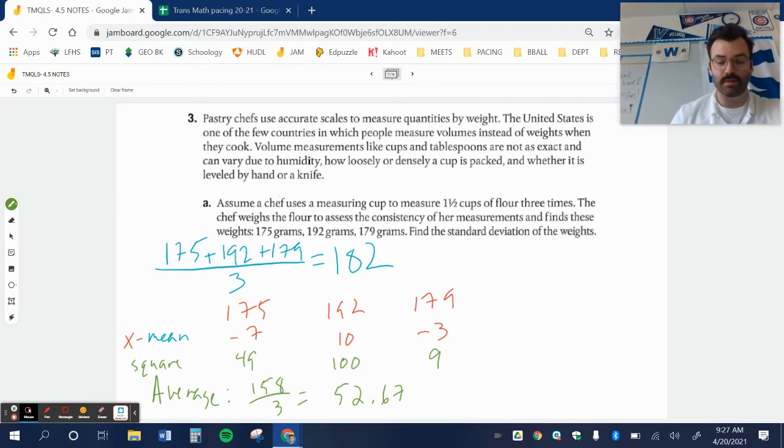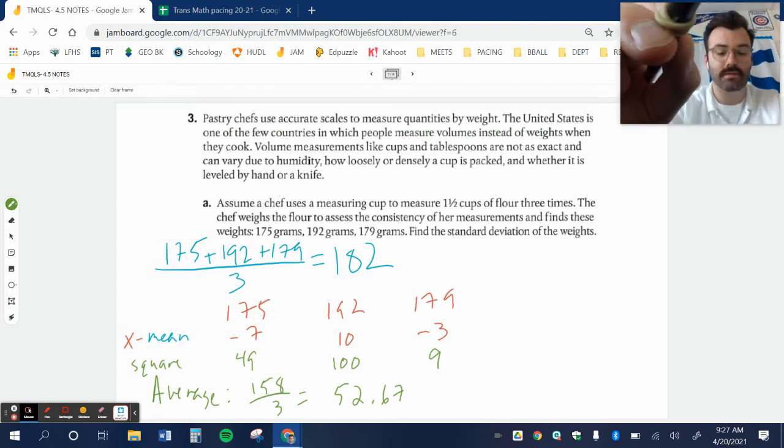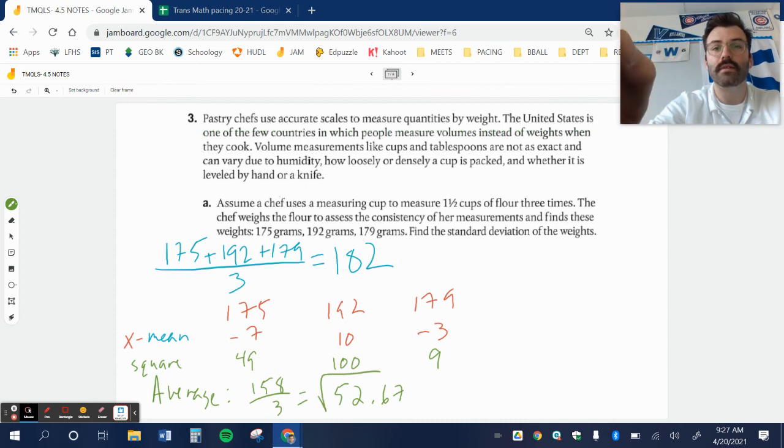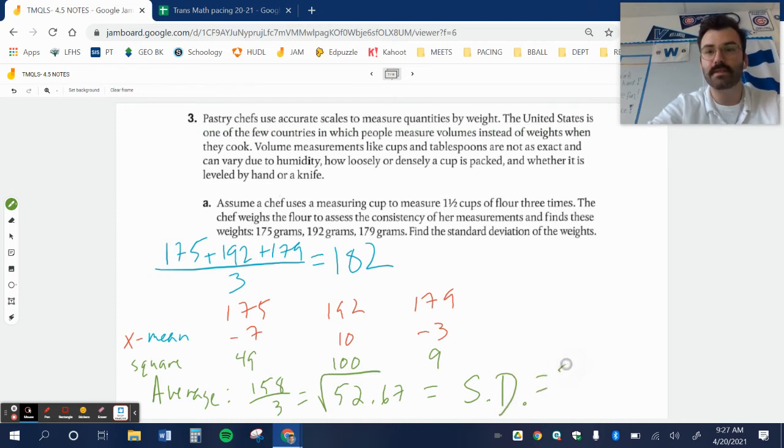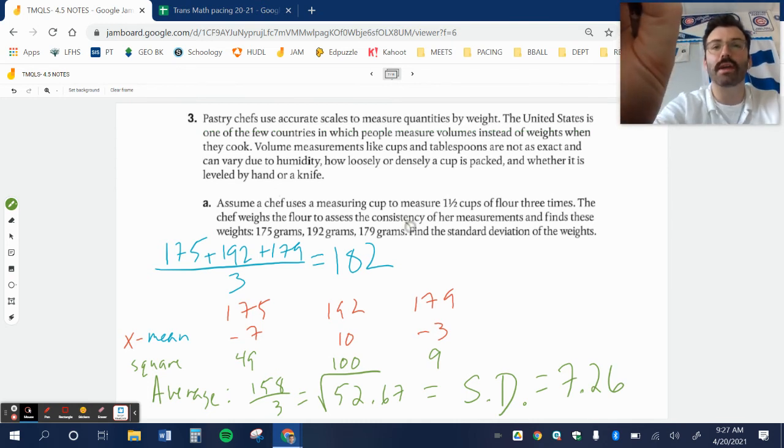I'm going to square root that number. The standard deviation equals 7.26. And since our weight was in grams, this will be in grams as well.